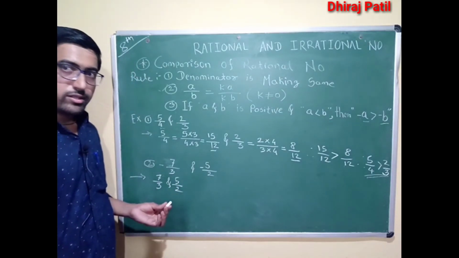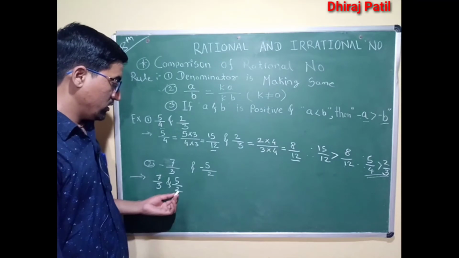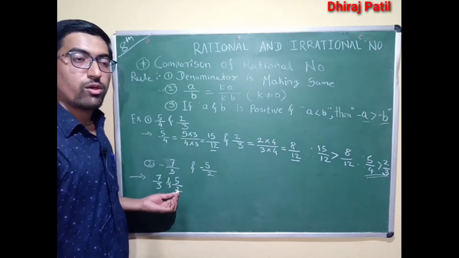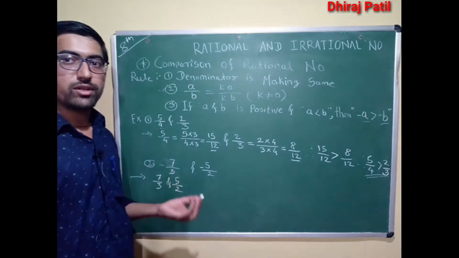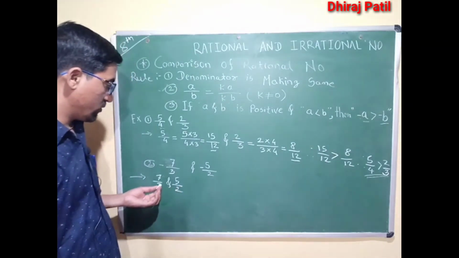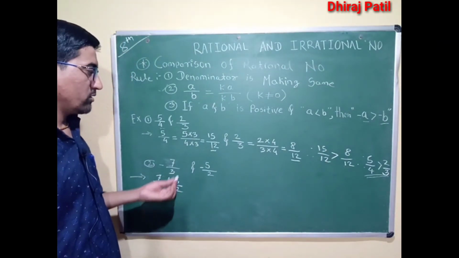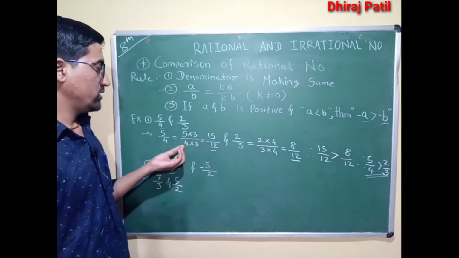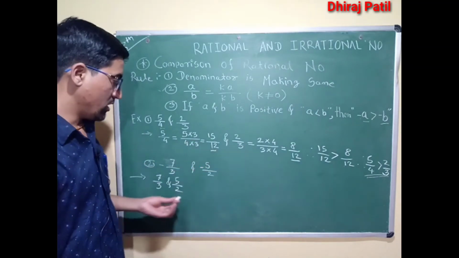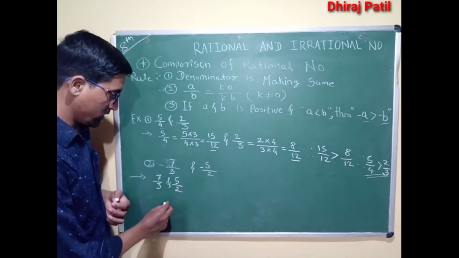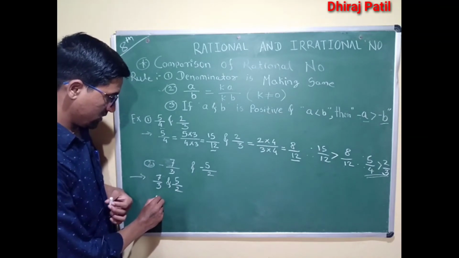Here we see, friends, our denominator is not the same. So we have to calculate, multiplying by some numbers to make them the same, as in our previous example. Now I do some calculation. First one is 7 by 3.